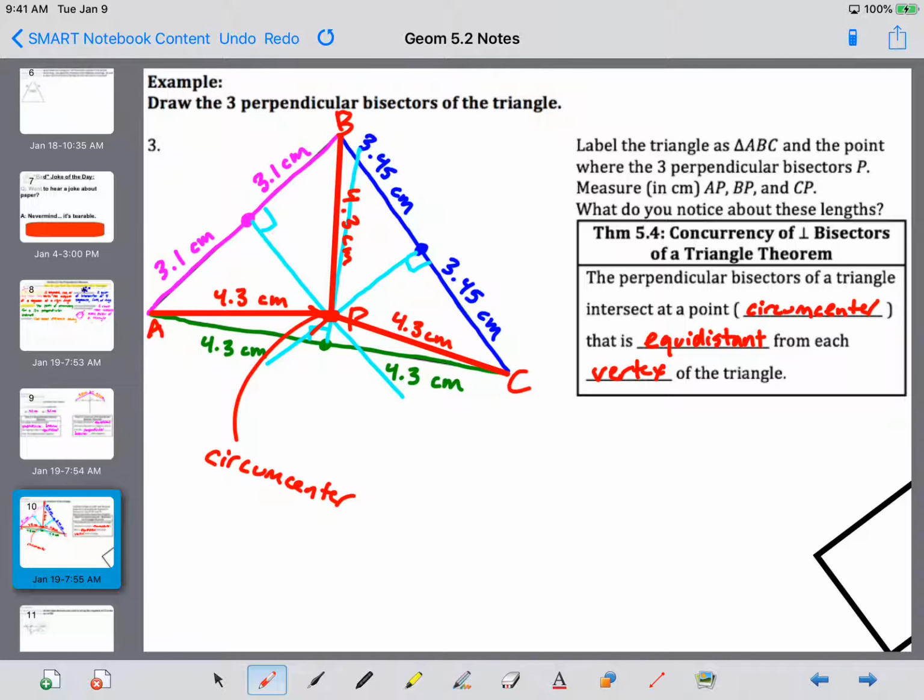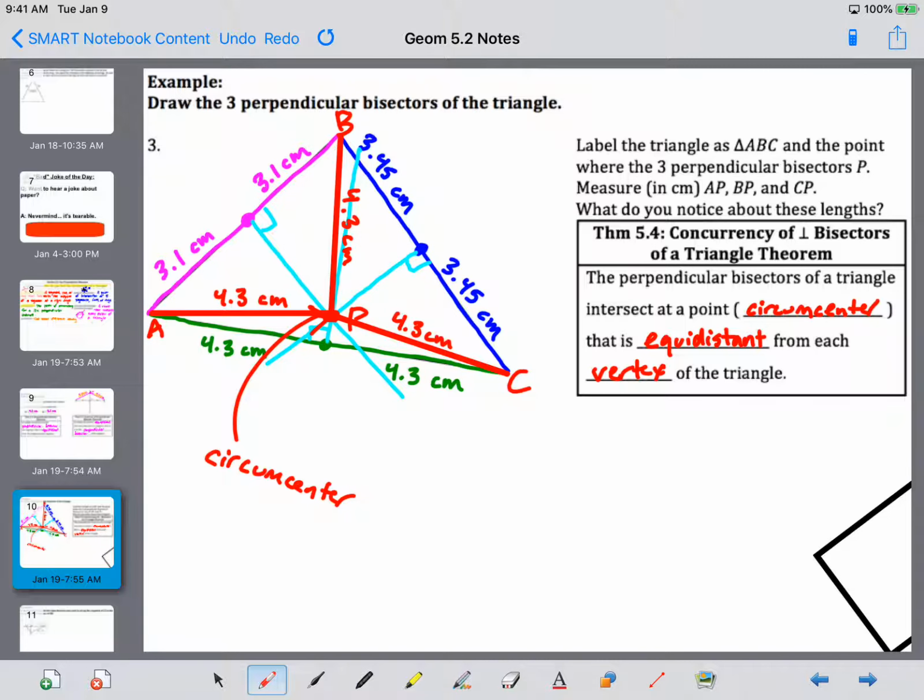So if you want to find a point that's the same distance from three other points or places, that circumcenter actually does that. That's mathematically what the circumcenter does. So it's kind of nice for some word problems, which we're going to look at the end of this video. So next thing we're going to do is use this fact to answer some questions. So go ahead and flip to this next example.